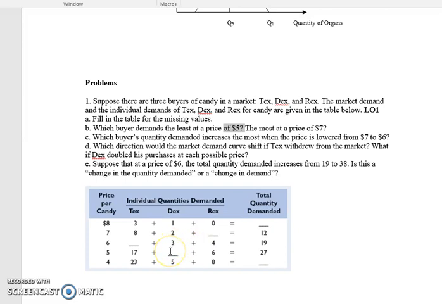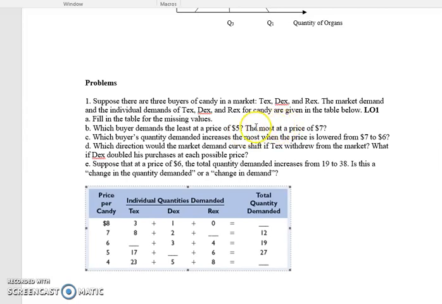So Dex is buying 4. The buyer who demands the least at price 5 is Dex. He buys 4, Rex buys 6 and Tex buys much higher, 17. So the answer is Dex for the first part.